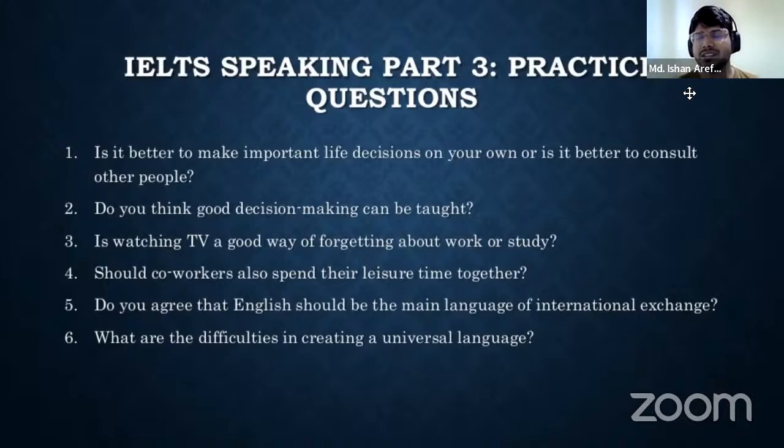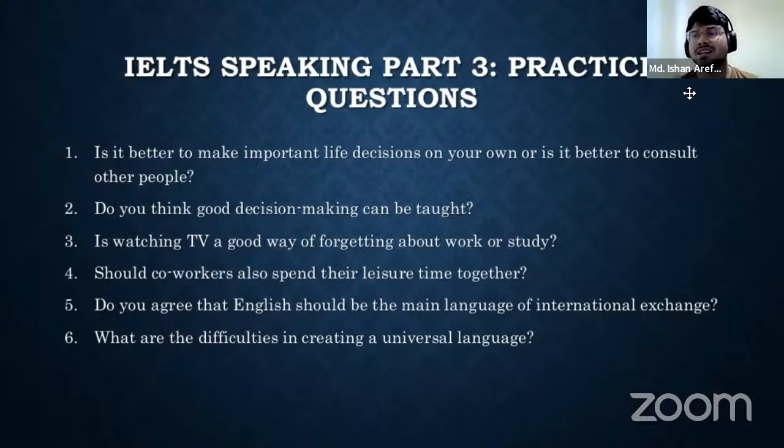It can be for IELTS speaking test task 1, task 2, or task 3. Just before ending this lecture, I want to again mention the difference between IELTS speaking test task 1 and task 3 questions. The task 1 questions are the short questions, so you have to answer those questions within 2 or 3 sentences, and the task 3 questions are the broad questions where you have to answer using explanation.